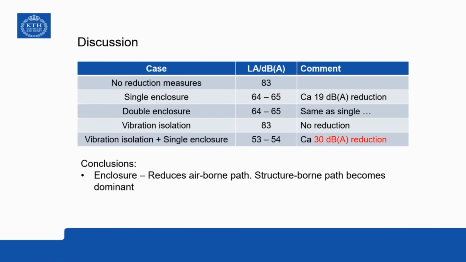But when we place one of these enclosures over the machine, then we have reduced it so much that other contributions from the machine become important. And the second transmission path from the machine to the receiver is called the structure-borne path. And that is actually when the machine is played, it vibrates, it starts vibrations in the plate and the tabletop it stands upon.